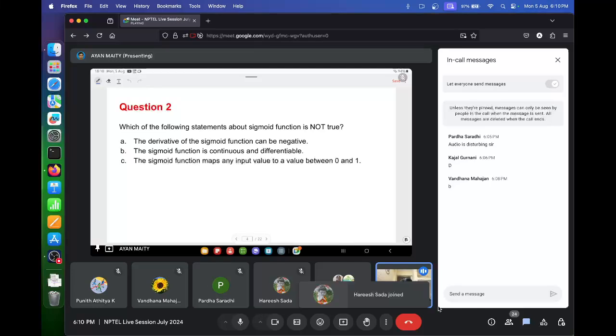Now question 2. Which of the following statements about the sigmoid function is not true? The derivative of the sigmoid function can be negative. The sigmoid function is continuous and differentiable. The sigmoid function maps any input value to a value between 0 and 1. Which of these options is not true?